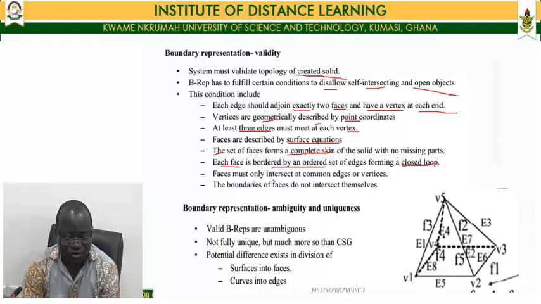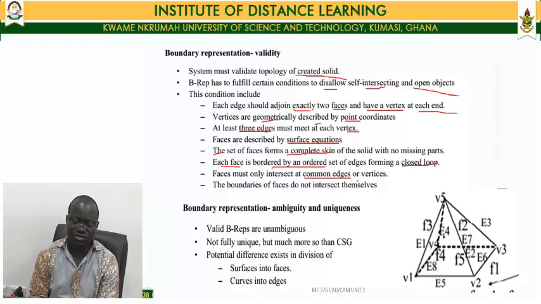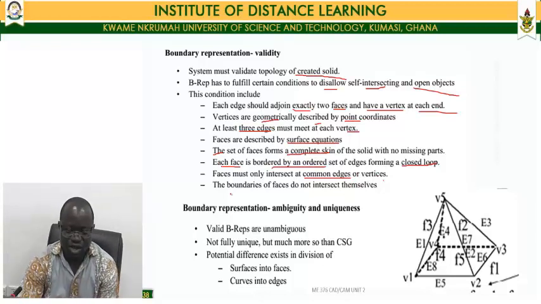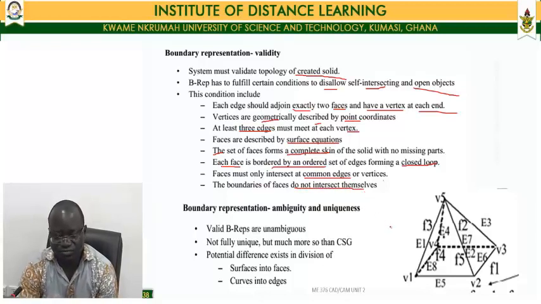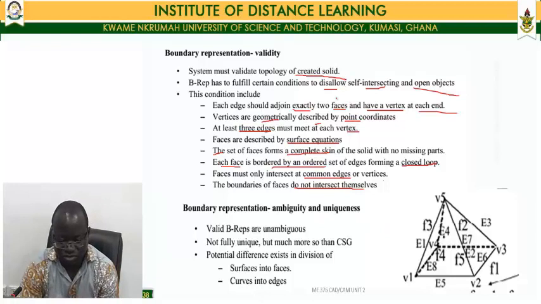The boundaries of the faces also do not intersect themselves. So these are conditions to fulfill, to disallow self-intersection and open objects. That is, for you to create a valid boundary representation, these conditions must be fulfilled.